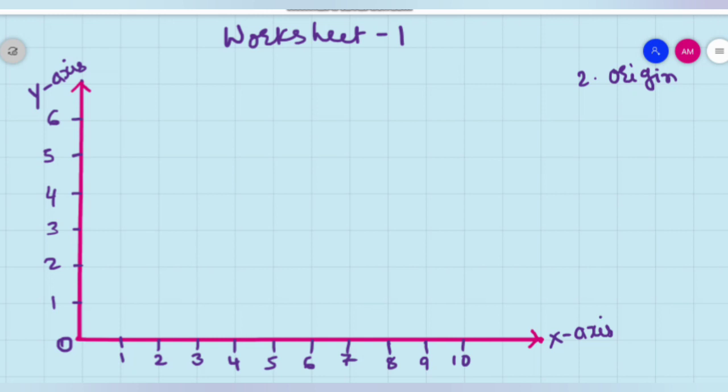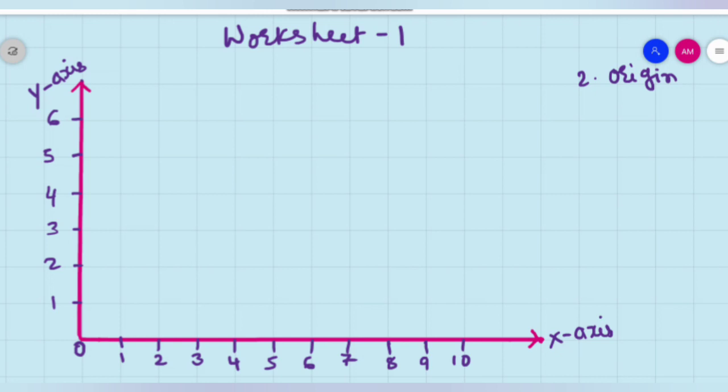See, 0, 1, 2, 3, 4, 5, 6 on the y-axis, as well as 0, 1, 2, 3, 4, 5, 6 on the x-axis. Here also this is perfectly written. This is 0. Children, please keep in mind that things should be equidistant. 0 to 1 here is equidistant and here also equidistant.